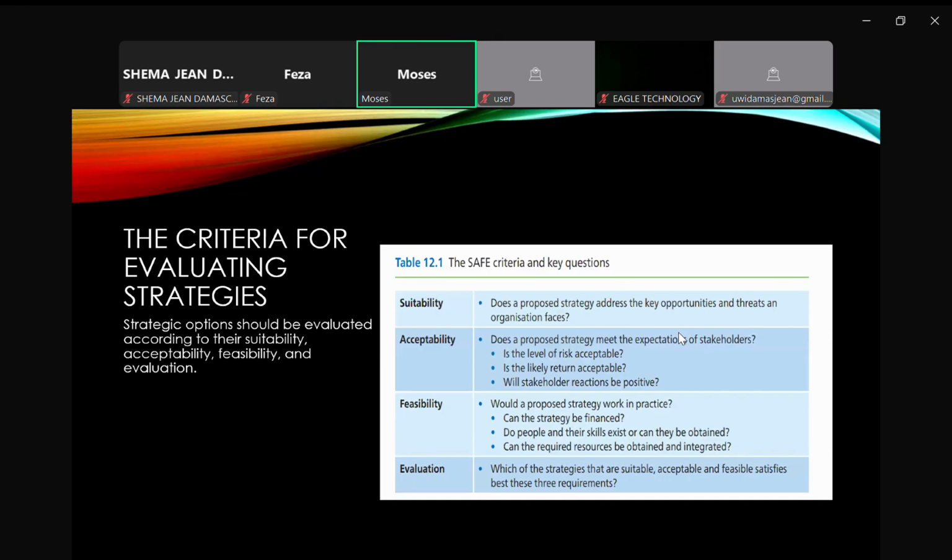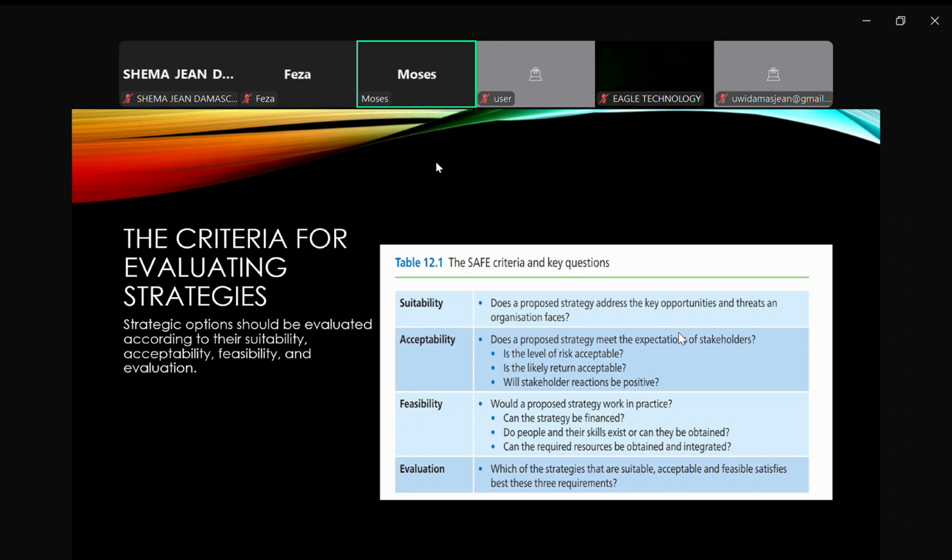And finally, it's something we call the criteria for evaluating strategies. This is usually called the SAFE criteria. The SAFE criteria is a criteria for evaluating a strategy before that strategy is implemented.